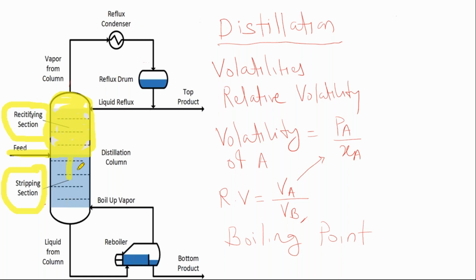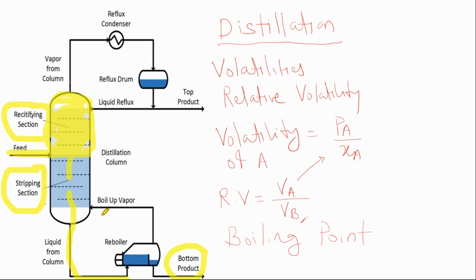And the section where these B particles, that is the less volatile components, are separated out, which we call the bottom product, is the stripping section. So less volatile components are separated from the more volatile components in the section below the feed, called the stripping section. Stripping is nothing but the removal of particles from the mixture.